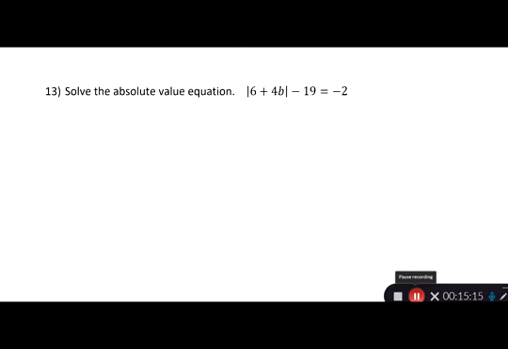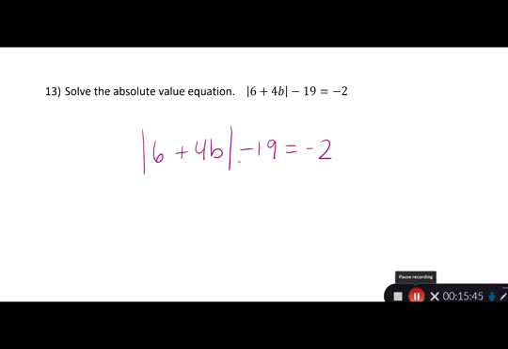So here's another one. Solve the absolute value equation. We have |6 + 4b| - 19 = -2. Okay, so don't let this one fool you because still we have this number equal to a negative, which may be a problem, but we need to move this 19 first because what the rule says is that an absolute value, so the part that's in the bars, cannot equal a negative number.